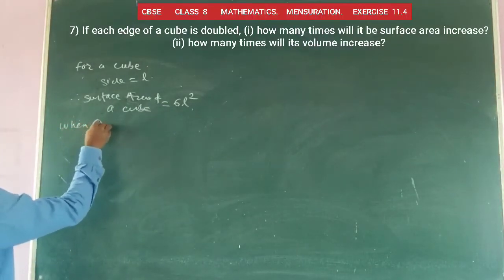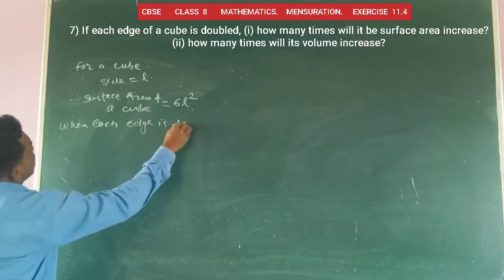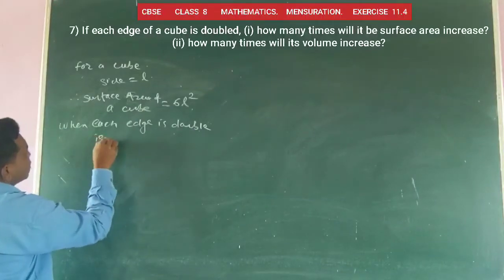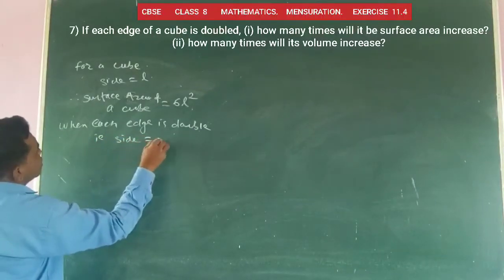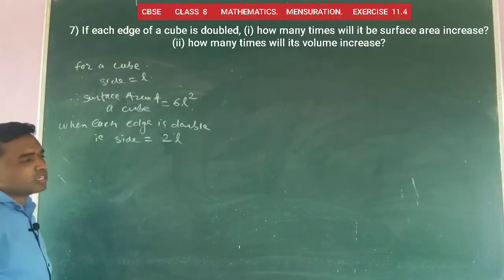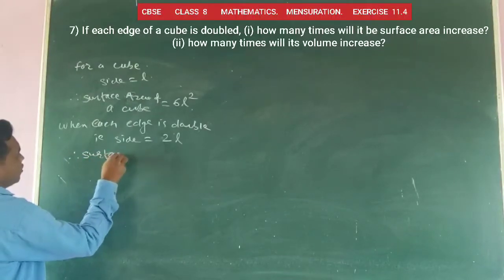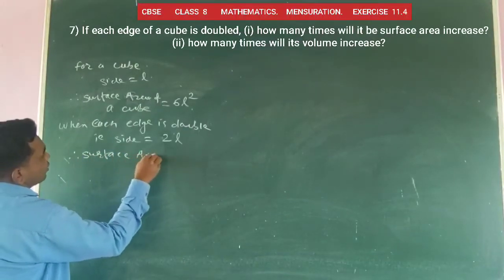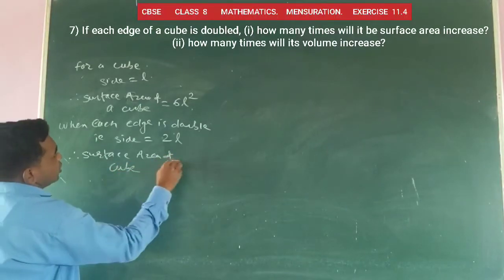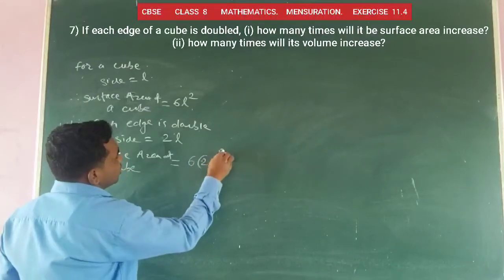Now when each edge is doubled, that is, the side is equal to twice L, at that time the surface area of a cube is equal to 6 into twice L and its square.